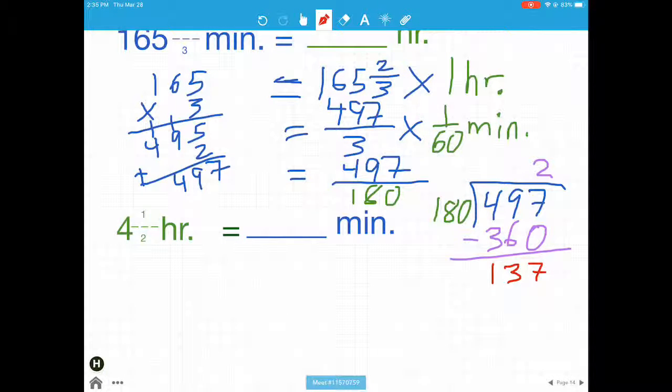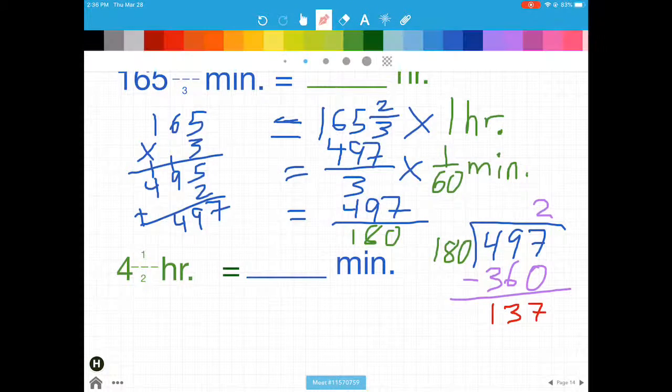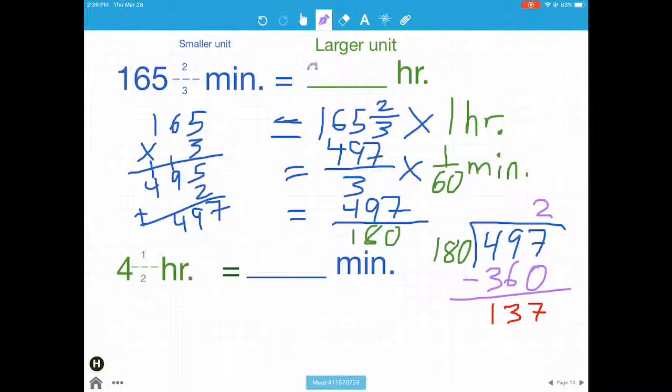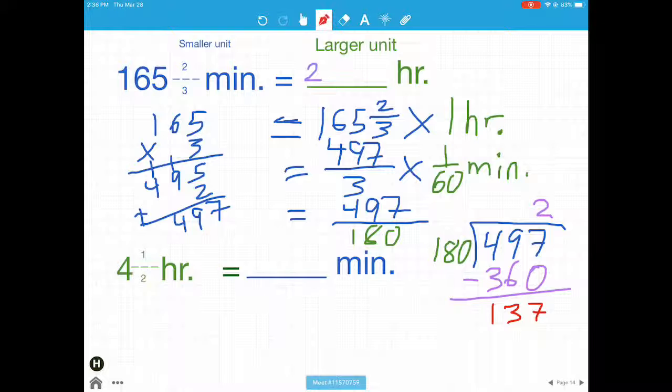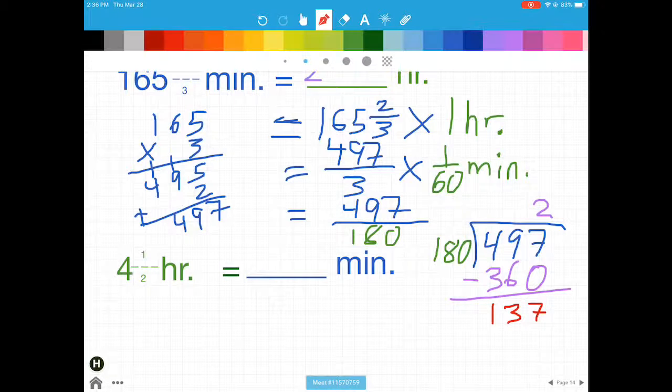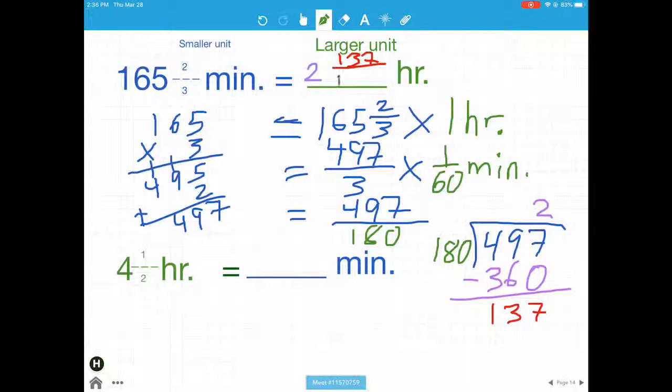All right, so our answer is going to be 2 and 137/180 of an hour.